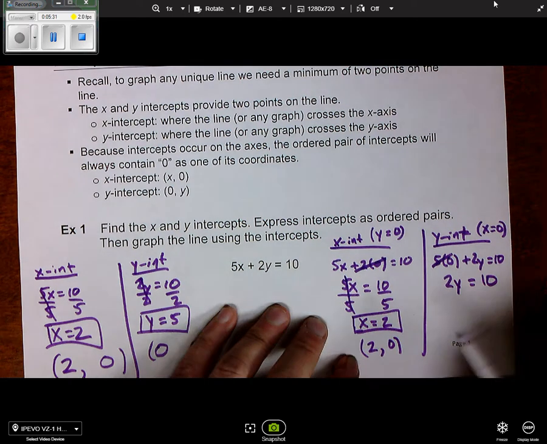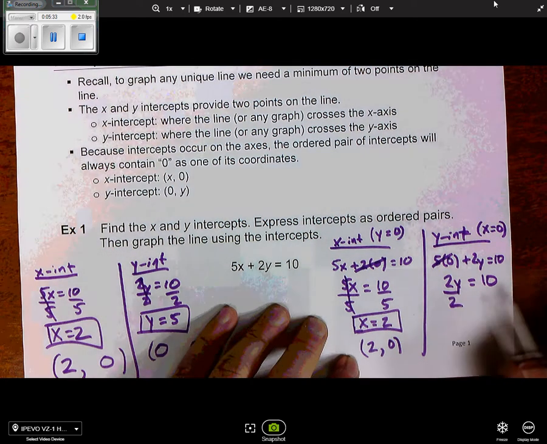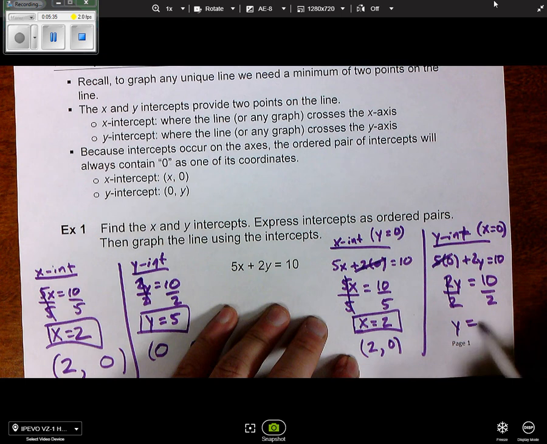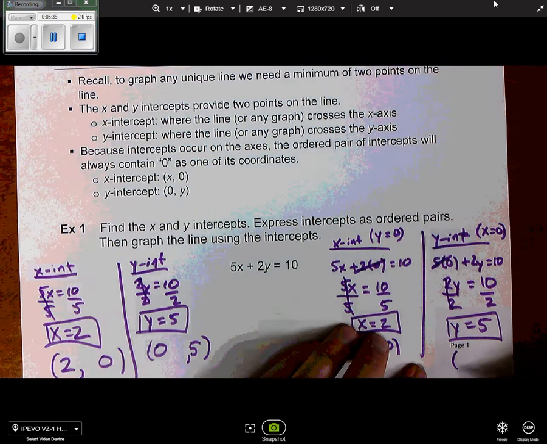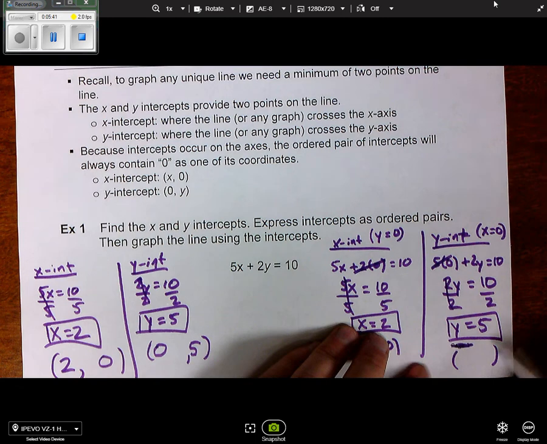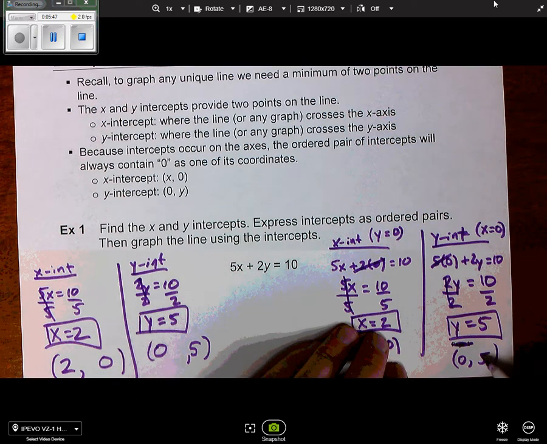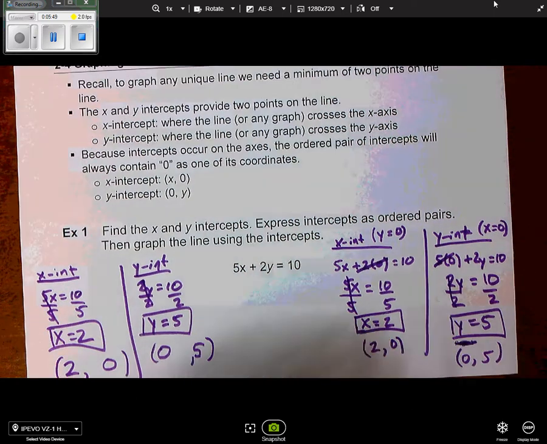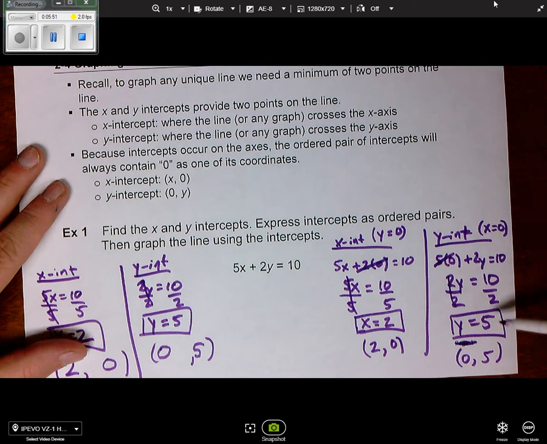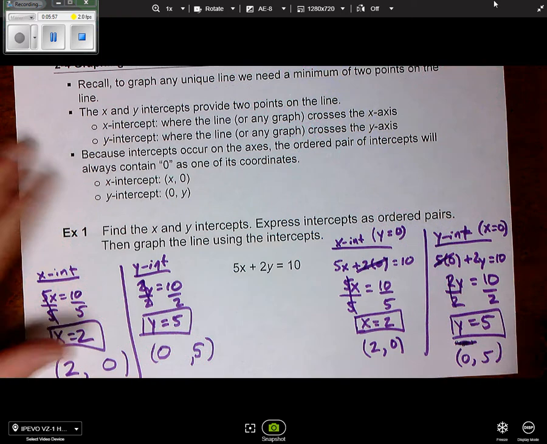Oh, isn't that nice? Divide both sides by 2. We get a nice number. 10 divided by 2 is 5. So what does that mean? Our y-intercept occurs at 0, 5. The y-intercept is 5. The x-coordinate is 0. Okay, that will always be true. No matter what y is, for the y-intercept, y could be anything, but x will always be 0.